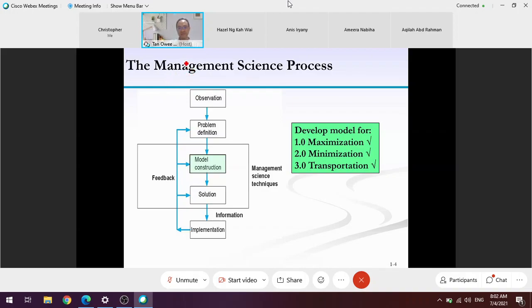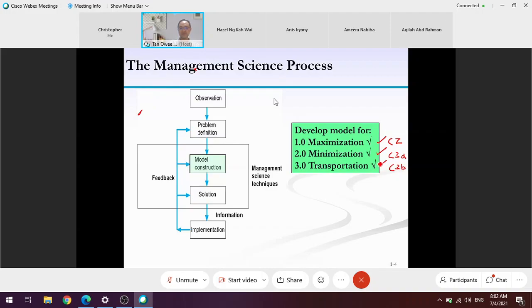We have discussed chapters 1, 2, and 3, especially chapters 2 and 3, where we talked about how to develop the linear programming for the scenarios of maximization, minimization, as well as transportation. This is chapter 2, this is chapter 3a and chapter 3b.